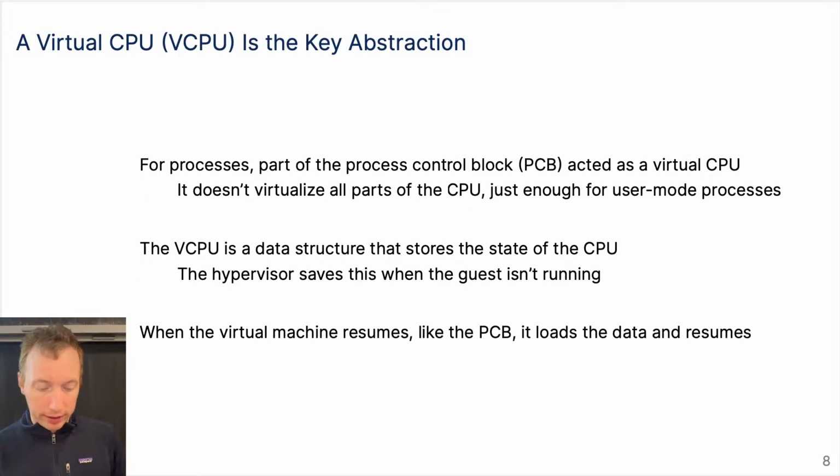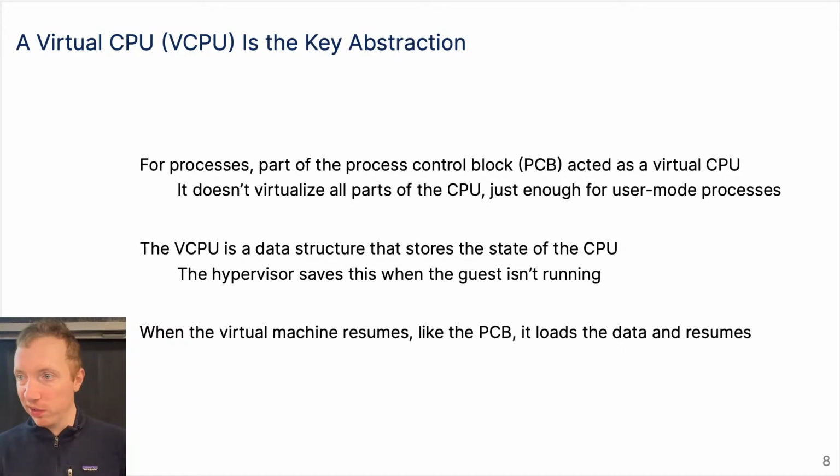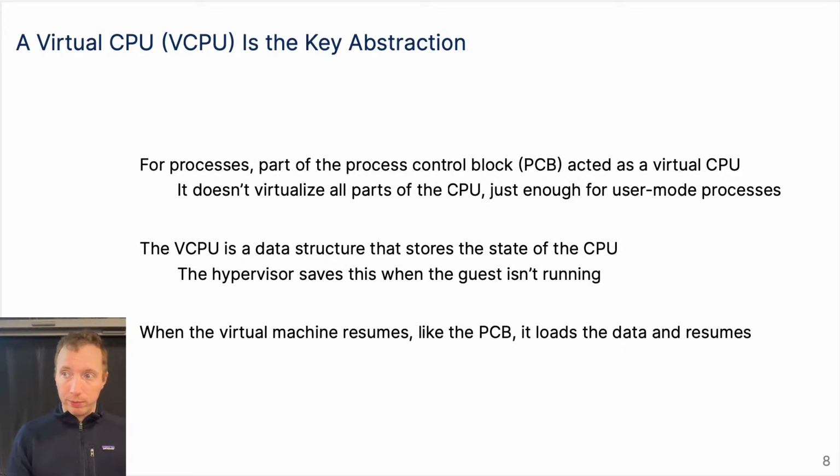So here, our key abstraction is a virtual CPU, which tries to abstract the entire CPU. For processes, it's like part of the process control block that acts as a virtual CPU, but it doesn't virtualize all parts of the CPU, just enough for user mode processes, so it just saves the registers and makes sure that you have a stack. But for virtual machines, a virtual CPU is a data structure that stores the entire state of the CPU.